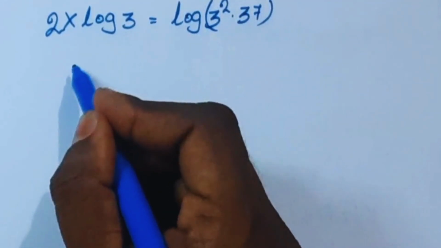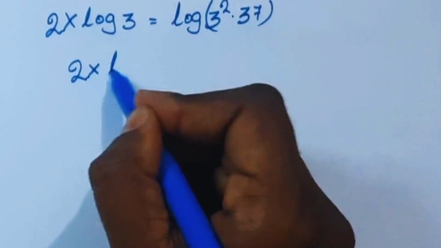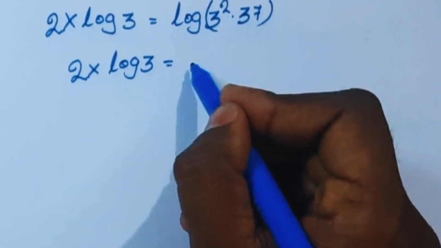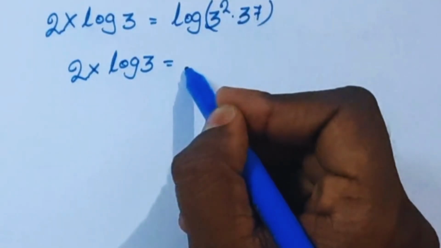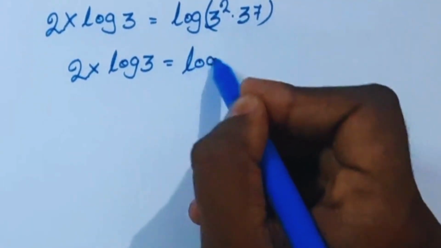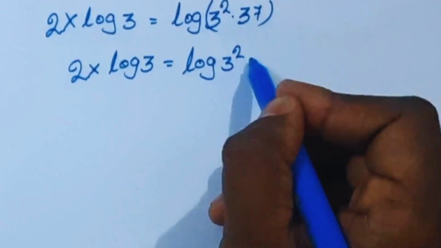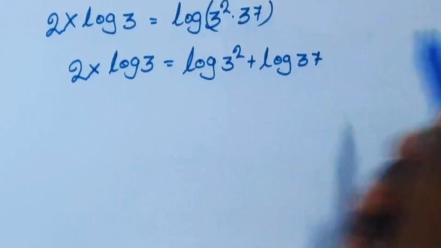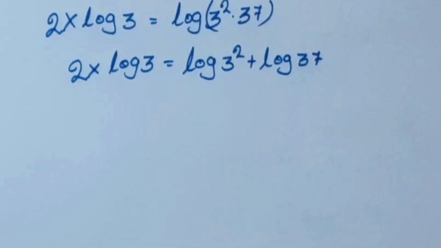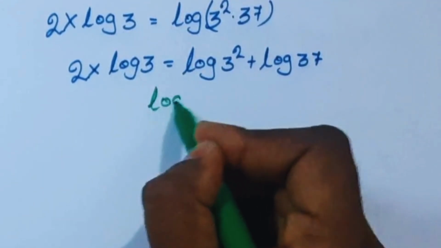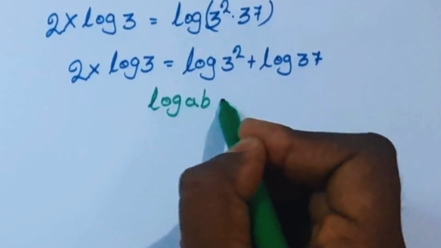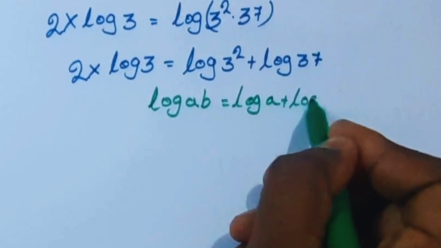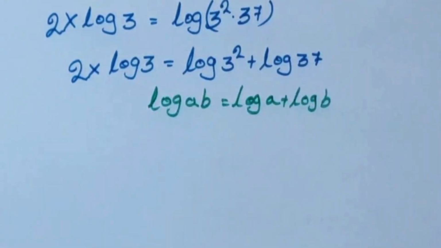Now 2x log 3 equal to, this can be written as, according to the log product formula, log 3 square plus log 37. We applied log a b equal to log a plus log b. This formula we applied here.